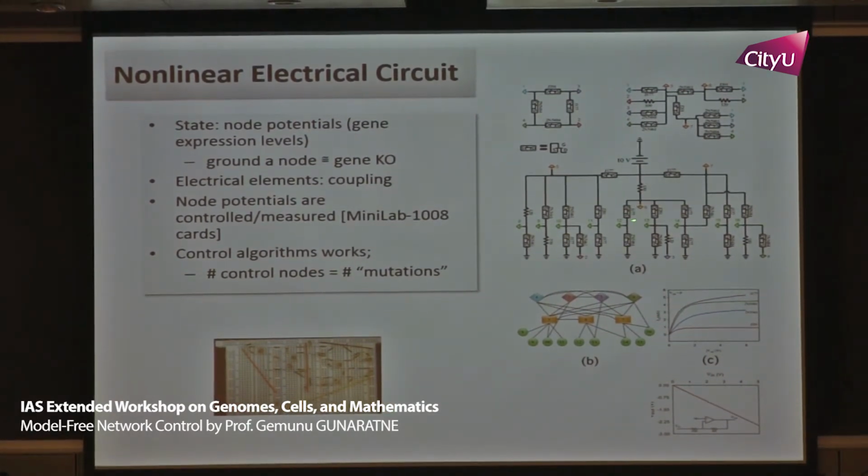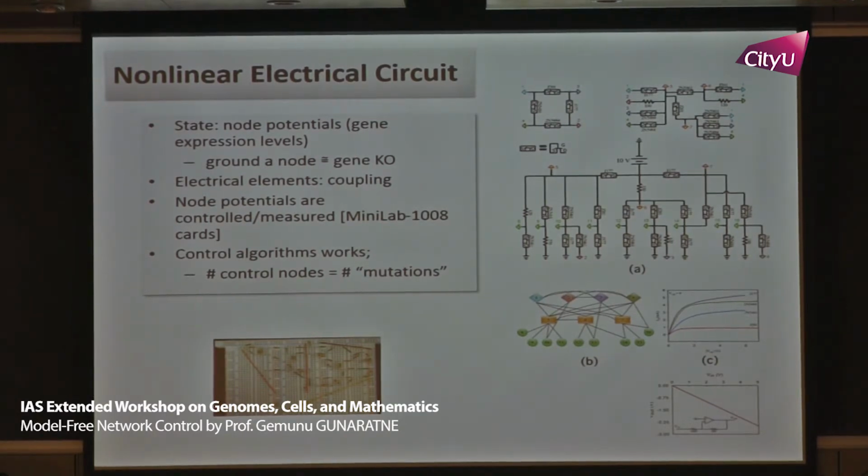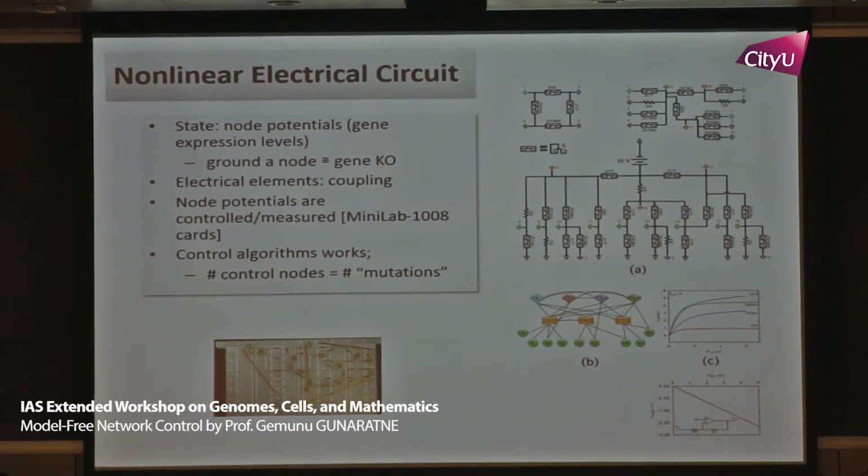See, the squares are transistors. The network itself is made on a breadboard, and we have these transistors and also resistors in this network. It was constructed to make a network approximately like that.